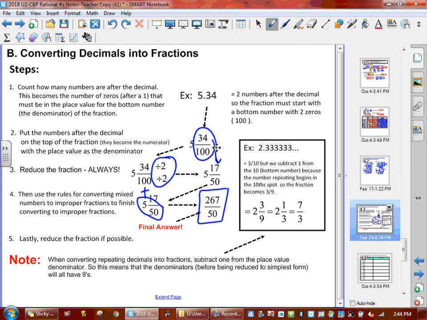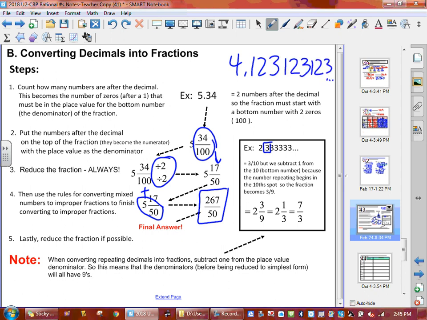Now this is telling us, so for example, 3 over 10, because it's the same digit repeating, we just take the first place value. If there was 3 digits repeating, for example, maybe it was 4.123, 123, 123, etc. Then what we would do is we would take the first 3 repeating digits.